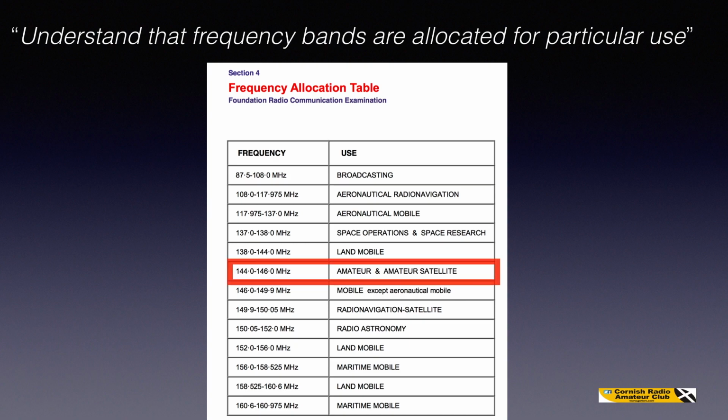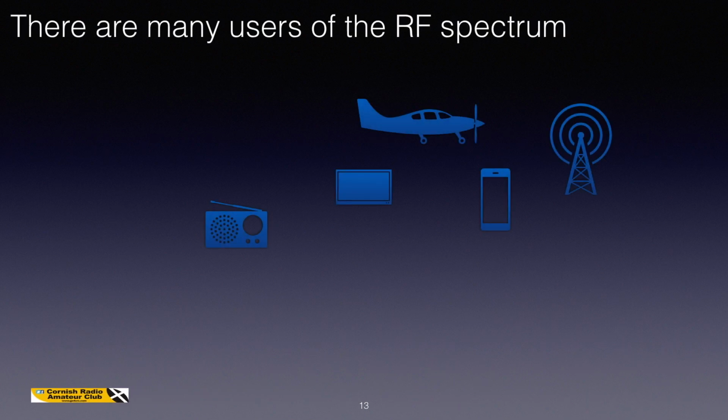And within those allocations, you can see they're highlighted in red, some allocations for amateur and amateur satellite. So there are many users of the RF spectrum.